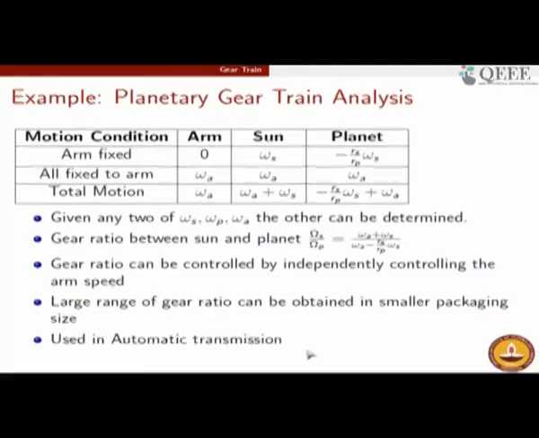When the car is taking a turn, the left-hand side and the right-hand side wheels need to rotate at different speeds, because if the car is turning leftwards, then the left wheel needs to rotate at a different speed as compared to the right wheel, because the right wheel will be executing a longer curve and the left wheel a smaller curve. So accordingly, the two speeds will have to be adjusted, such that the car moves synchronously on both sides. So this is achieved using the differential.